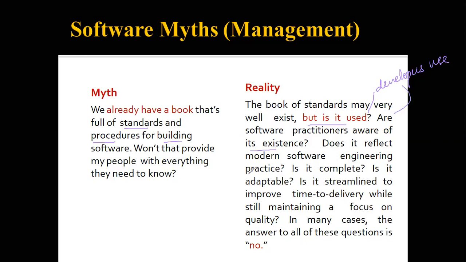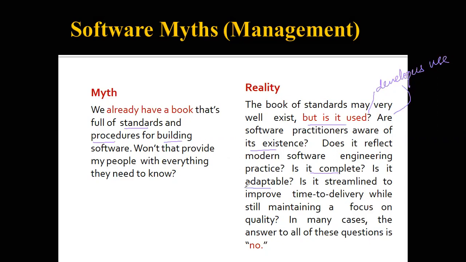The next question is whether this book is complete, that is, does it have all the procedures and techniques that are used day to day everywhere? As technology is evolving, different procedures, models, standards, and practices are implemented across the world. So whether this book has all of these standards is the question.